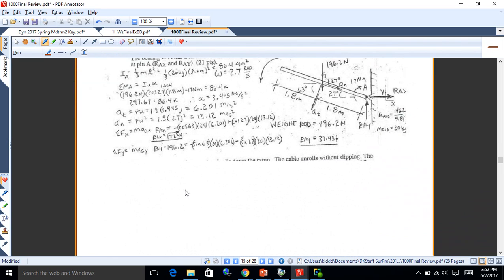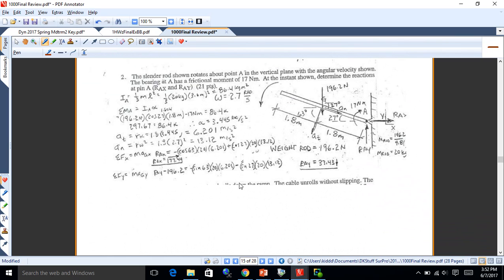Okay, this one here, we got a rod at a 27-degree angle rotating about A. So what I would do on this thing, this is fixed axis rotation.